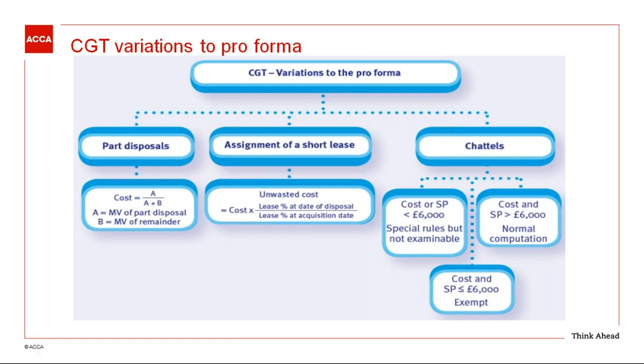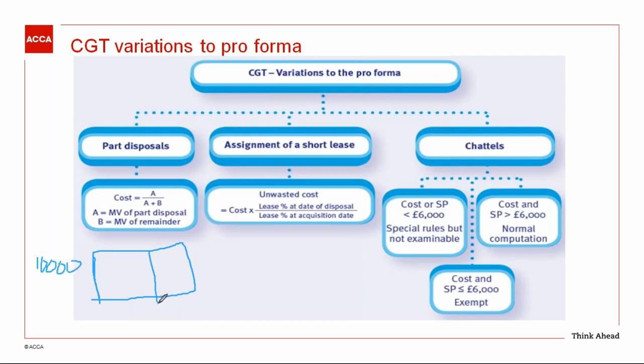Now, part disposal computation is a situation where you don't sell the whole asset. So let me quickly use this example. Assume you have bought this land for 10,000 pounds. The whole land you have bought for 10,000 pounds.